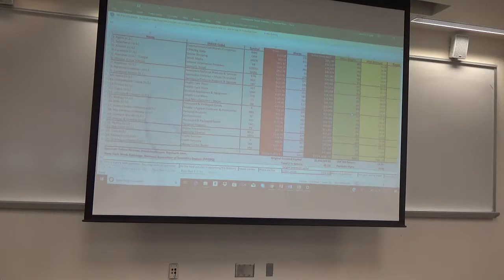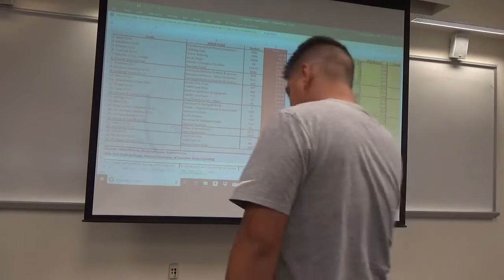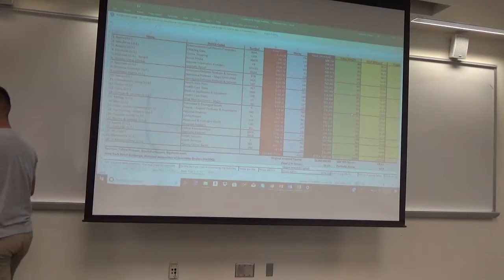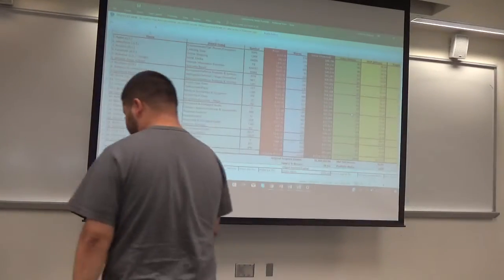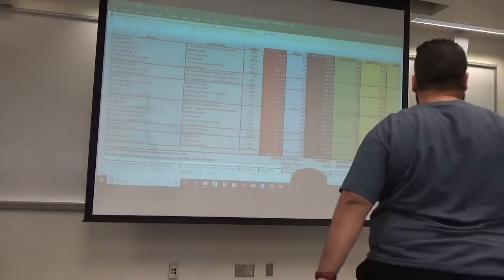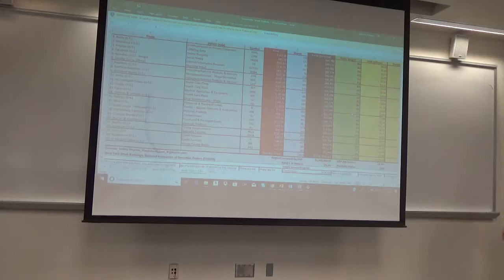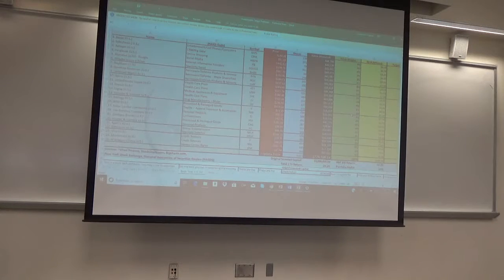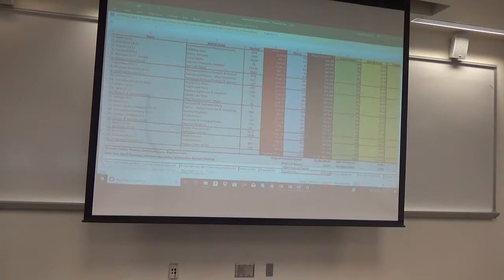Then you're going to take the index level and divide it by the January 1st level from the base period. We're going to do the 3-year, so 18, 17, 16, 15.